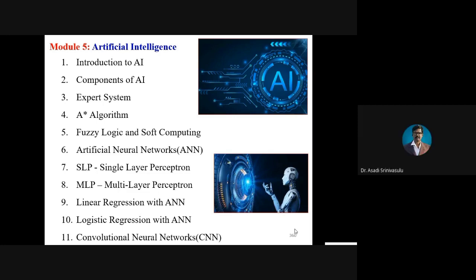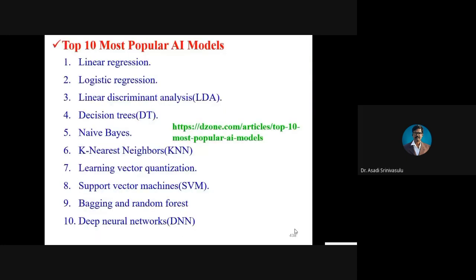Not only Sophia, there are various humanoid robots like Chinko, Chihira, Asimo, and a few more available. Right now, they are working. So we are developing various applications by using AI techniques: single layer perceptron, multi-layer perceptron, logistic regression with ANN, convolutional neural networks. These are the top 10 most popular AI models we are using.